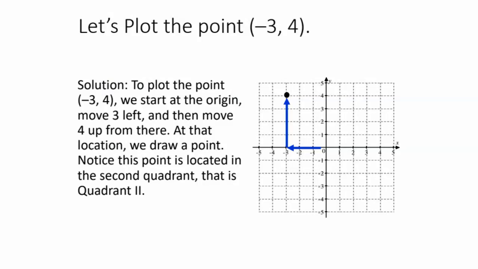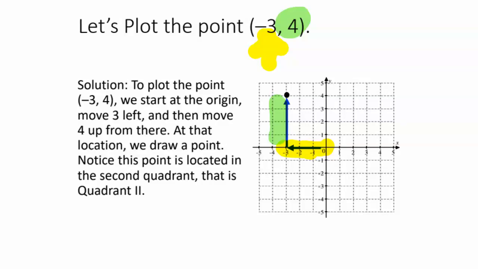We have -3, +4. Well, if we start right here at the origin, notice the 3 is negative, so we are going left. And then when we look at this 4, we're going up. And then we put a little dot.